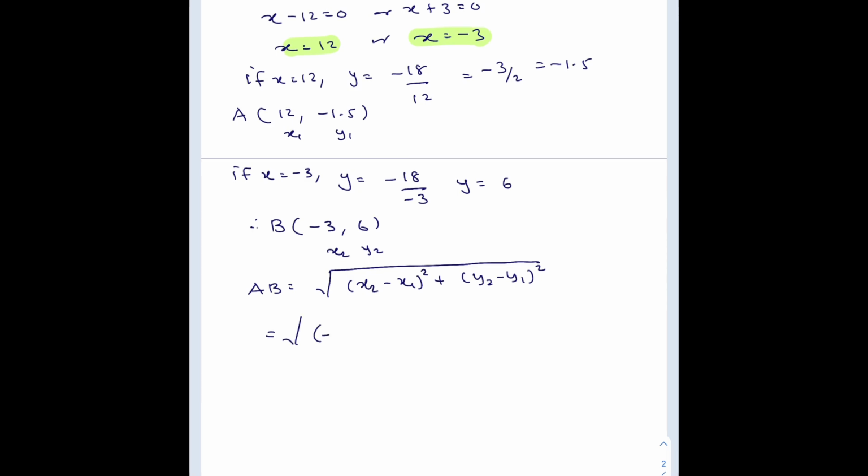So I'm using that. x2 minus x1 squared, so that's negative 3 minus 12 squared plus 6 minus negative 1.5 squared, which is negative 15 squared plus 6 plus 1.5, so 7.5 squared.